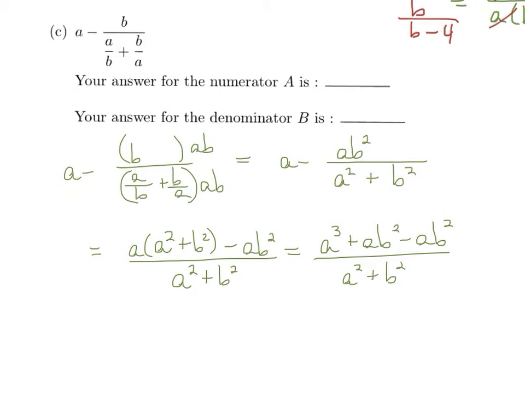So the ab squares cancel, and I just have a cubed over a squared plus b squared. So that's a cubed for the numerator, and a squared plus b squared for the denominator.